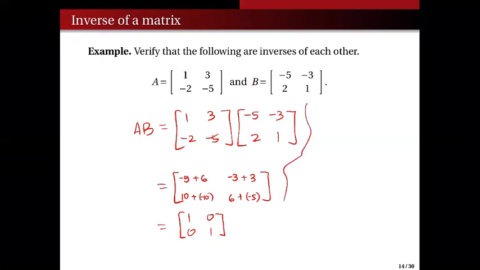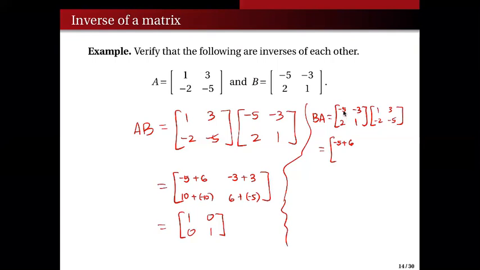And then let's check BA. This time we have negative 5, negative 3, 2, 1, multiplied to 1, 3, negative 2, negative 5. First row, first column: negative 5 times 1 is negative 5, plus negative 3 times negative 2 is 6.